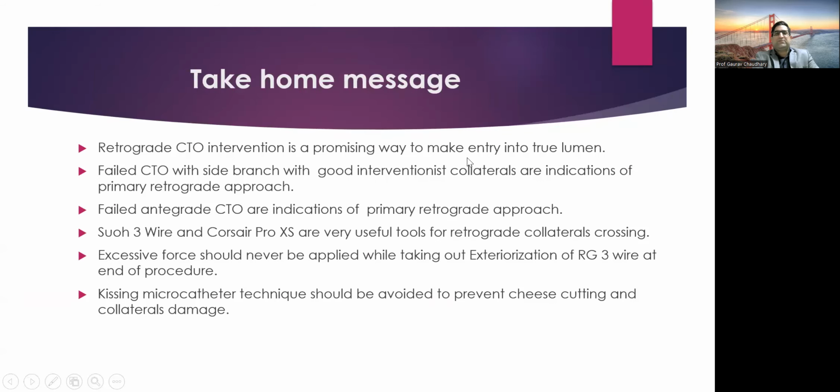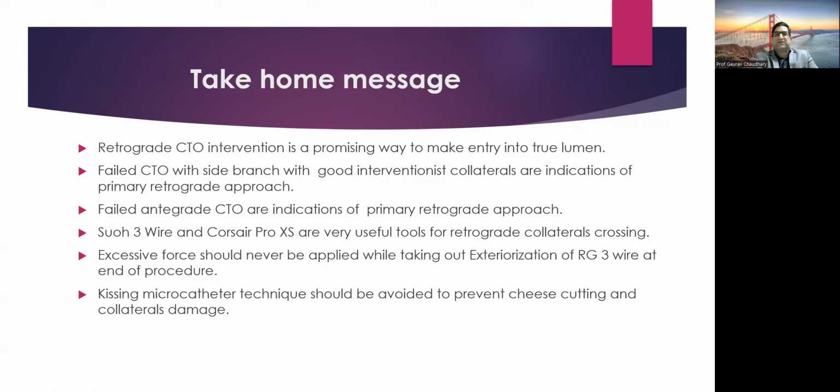So, the take home from this presentation is that with a failed antegrade CTO approach, the retrograde approach would be of much help. And if we get a good interventional collateral, then of course we should go ahead with the retrograde approach. Many times an SO3 wire over a Corsair Pro Access can be used to negotiate the collateral to reach the distal segment of the CTO.